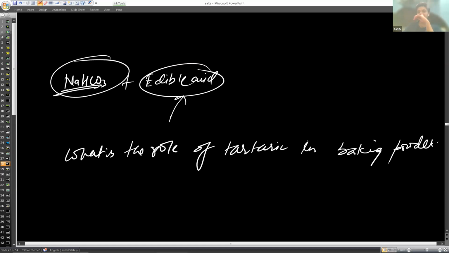Yes, Rayan, why is baking soda bitter in taste? Because it's a base. Why is it basic in nature? Yes, Aisha. Because it is alkaline.